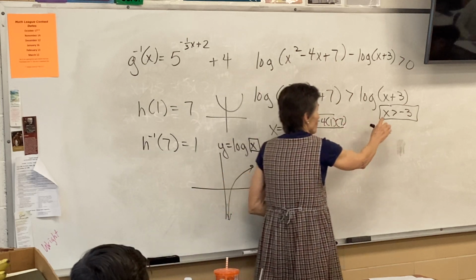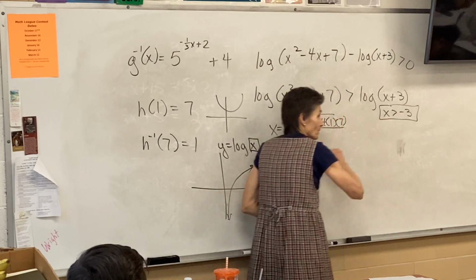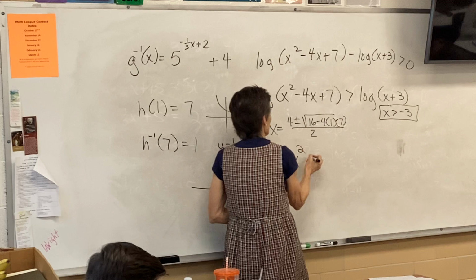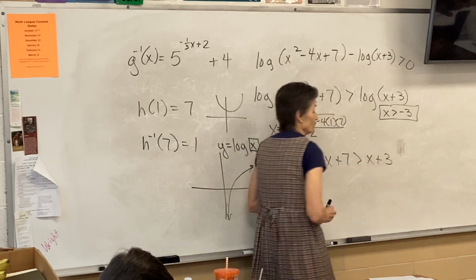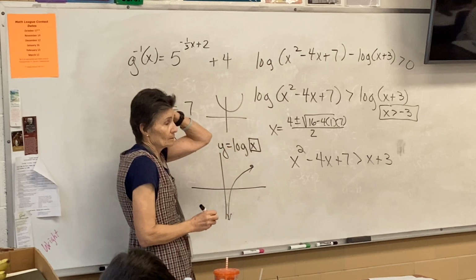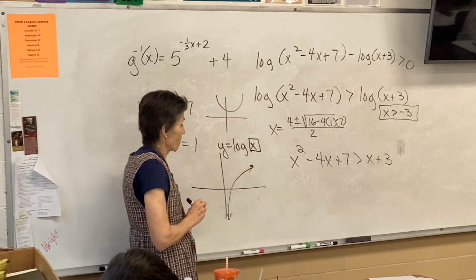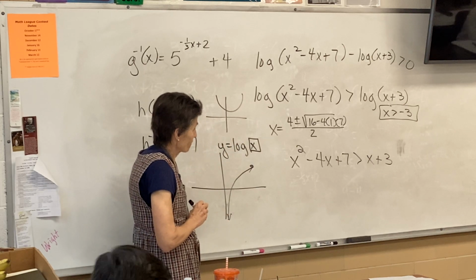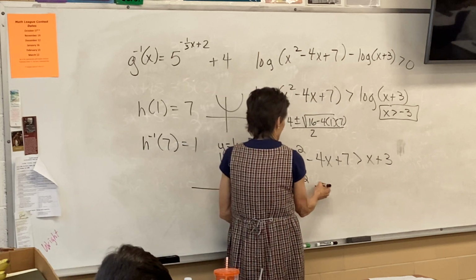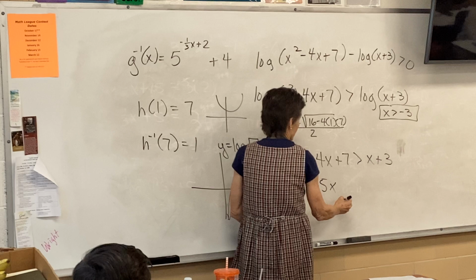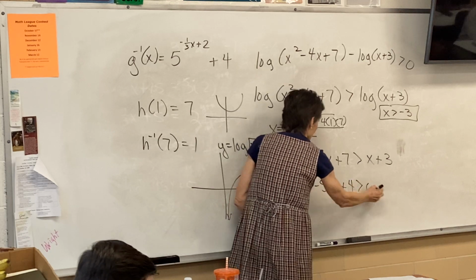All I need to worry about so far is this. Okay, so x squared minus 4x plus 7 has to be bigger than x plus 3. So x squared minus 5x plus 4 has to be bigger than 0.